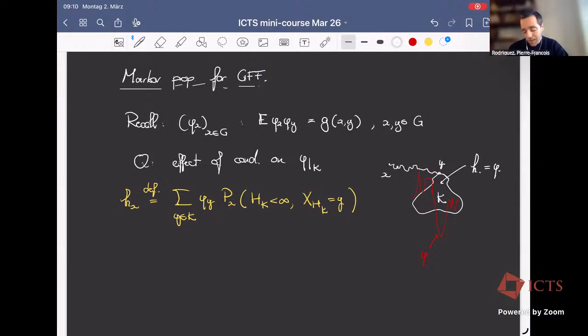So it's a weighted average of the field on the boundary, with the weighting proportional to the probability starting from x that you enter K through y. Since phi is a Gaussian field, this field h is also a Gaussian field, because h_x is a linear combination of Gaussian random variables.